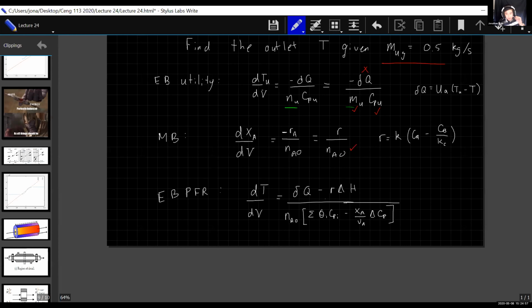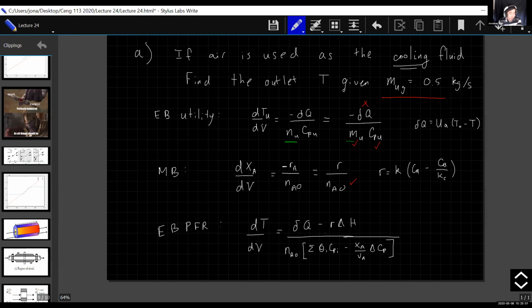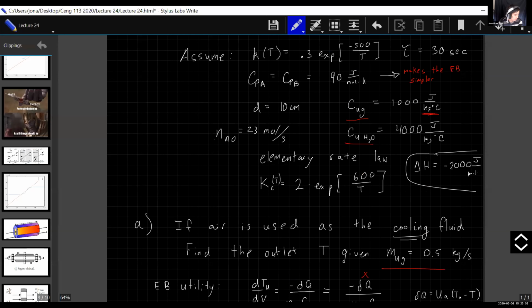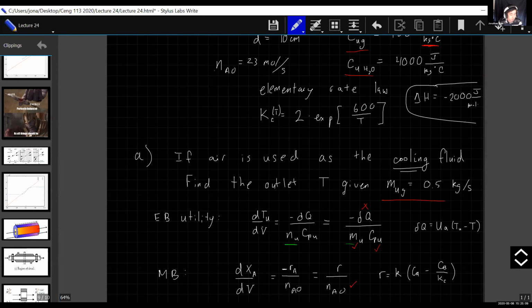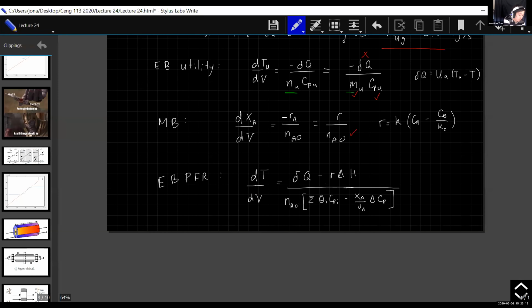Now, the nice thing about this is that, like I was saying earlier, we can simplify this because the given information tells us that CPA and CPB are equivalent to each other, which means that my del CP is equal to 0, which crosses out this whole term here.